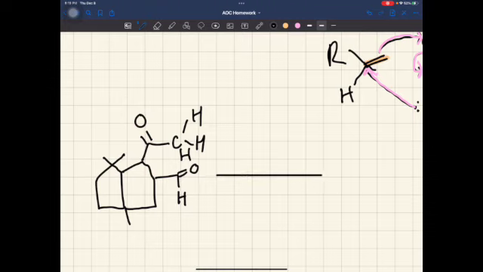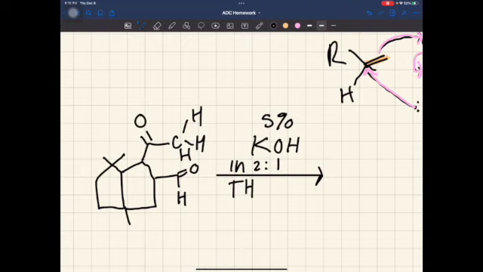Okay, and what they used is potassium hydroxide as a base. They specifically did 5% potassium hydroxide in a 2-to-1 mix of the tetrahydrofuran and ether.